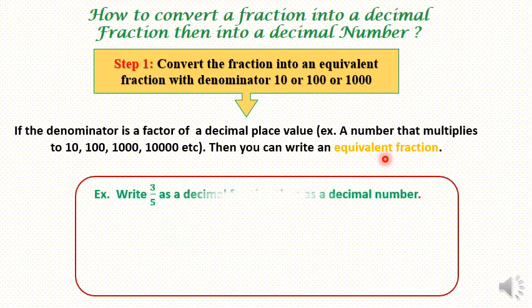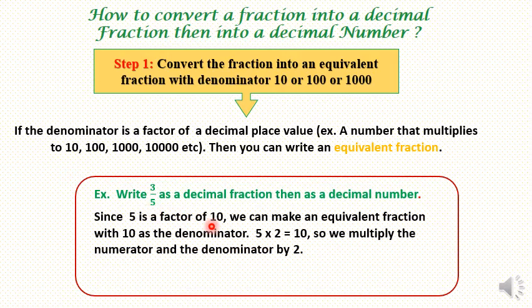Let's take an example. Can you write 3 over 5 as a decimal fraction, then write it as a decimal number? Let's take the first look. Is it a decimal fraction? We can't say directly. I have to try to change it first. So look, 5 is a factor of 10, or we can say that 10 is a multiple of 5. We can multiply 5 by 2 to give me 10.